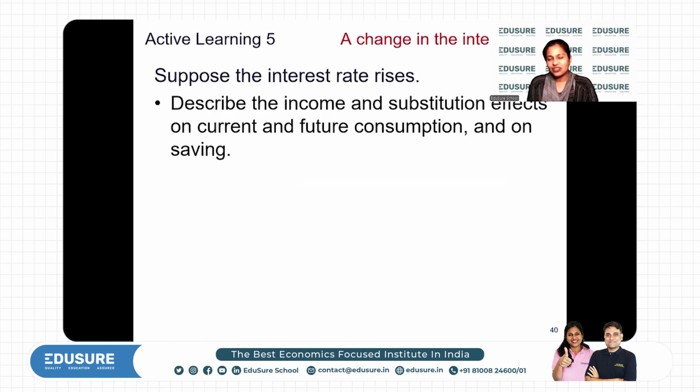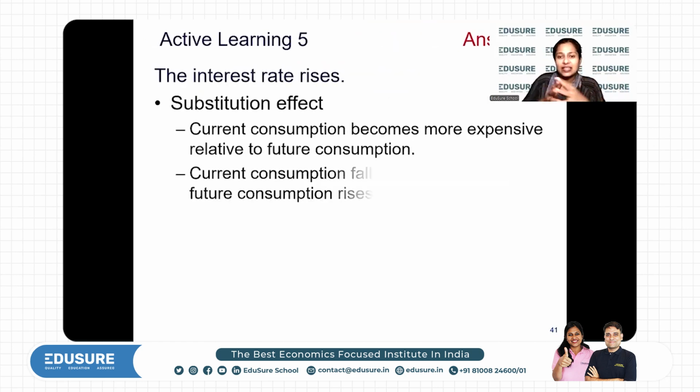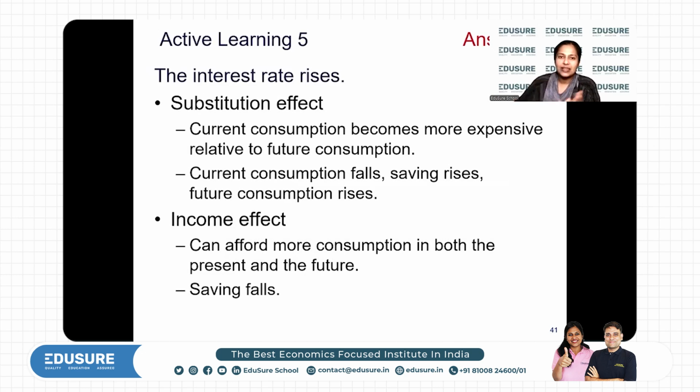Now, when the interest rate rises, there are two effects which are taking place. How? Let's see that. There is a substitution effect. Why is there a substitution effect? Because when the interest rate is rising, we are getting more for our savings, right?